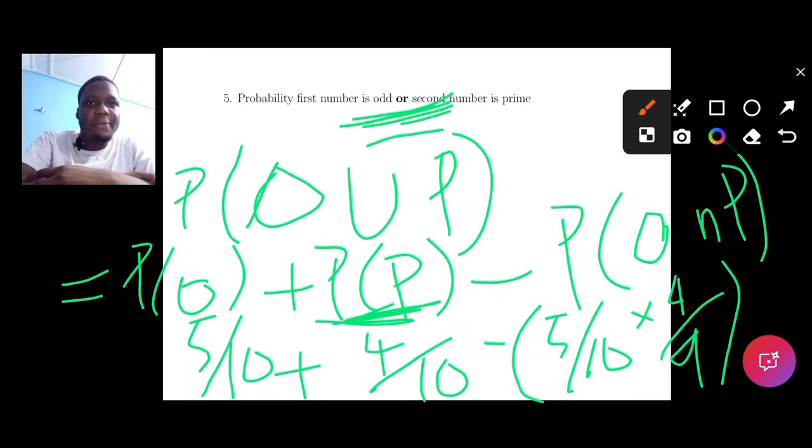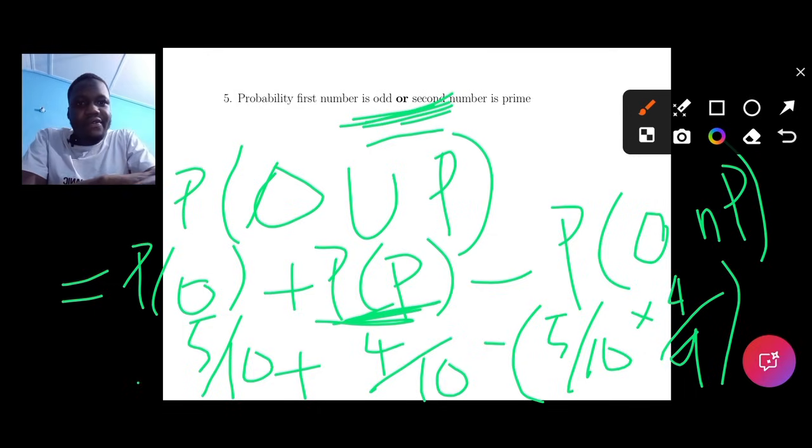So when we sum this up nicely, 5/10 plus 4/10 minus the intersection, we have 61 out of 90.